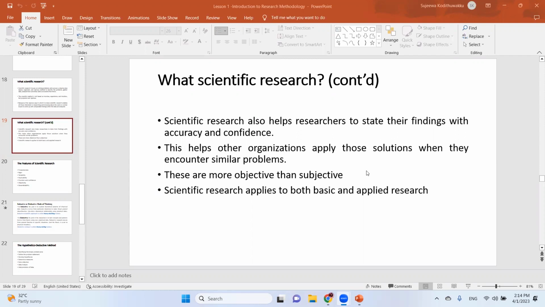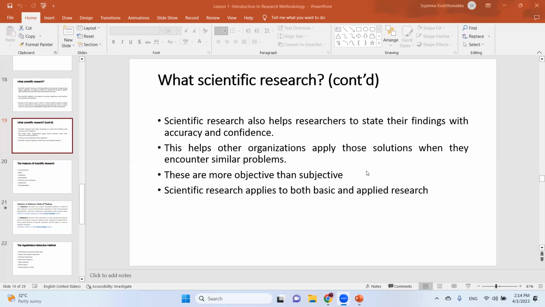Now, let's say you conducted research for a private bank, a commercial bank, to overcome a specific problem. Then your findings were proved at a 100% or 95% confidence level. Then those solutions can apply to another private bank, let's say Ceylon Bank.